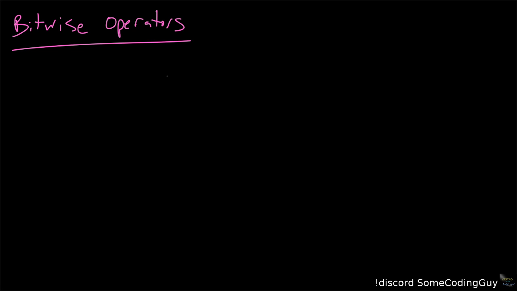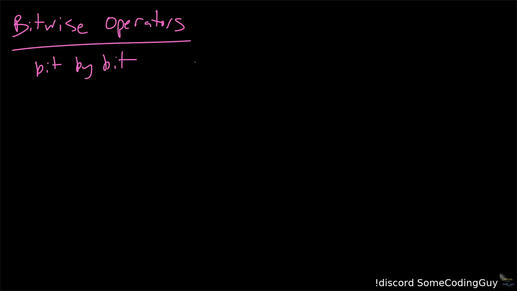So, bitwise operators, what did these do? These are a series of, I would say, logical operators that operate on a bit-by-bit level instead of a decimal addition, subtraction, or whatever. Exactly.